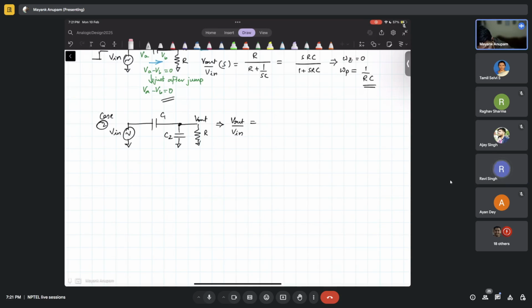Or let's say we make a small change. Let's leave the high pass filter. Let's take a low pass filter only. This is a low pass filter, right? Yes, sir. But let's take this.